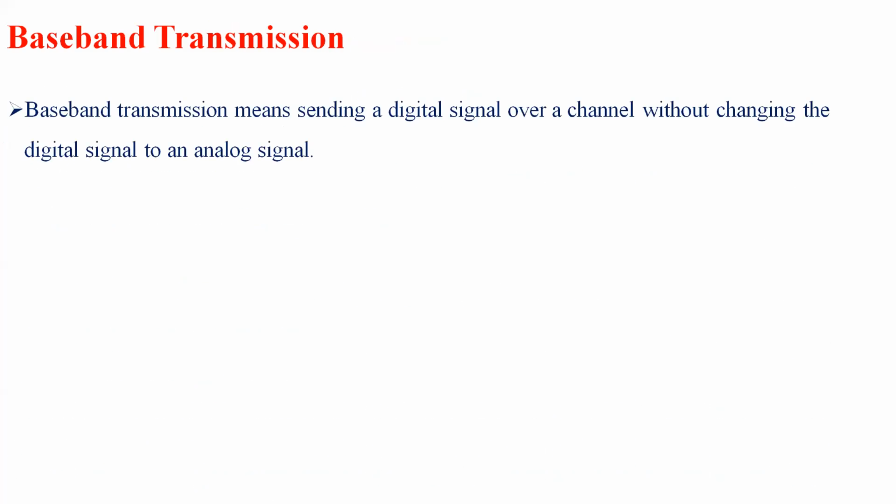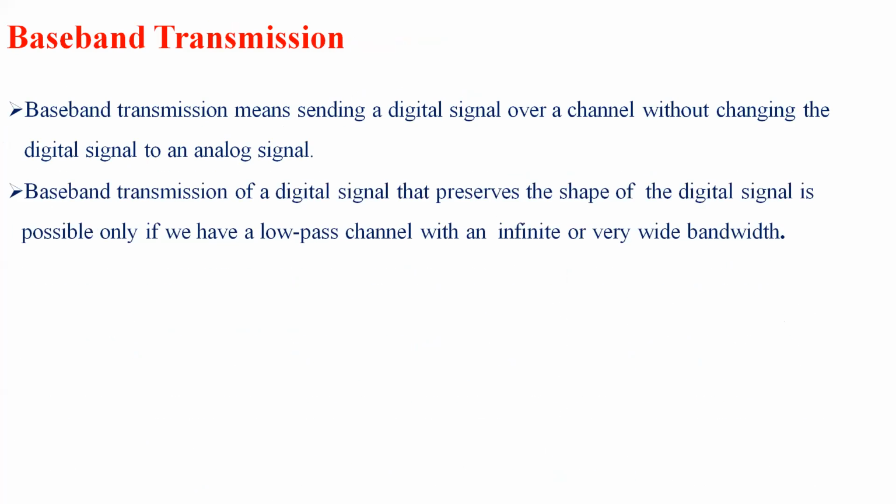Baseband transmission means sending digital data over a channel without modifying the digital signals to analog signals. Baseband transmission preserves the shape of a digital signal only if we have a low pass channel with a very wide bandwidth.